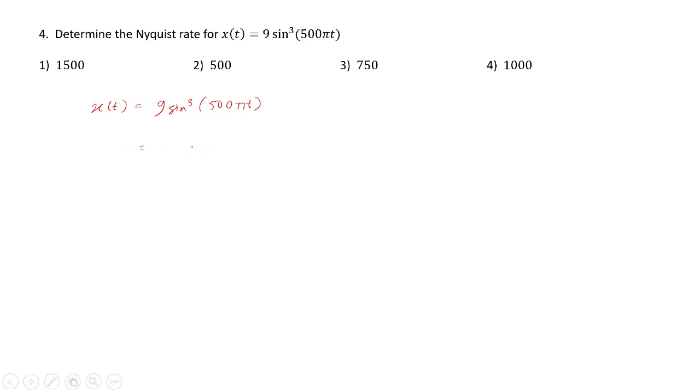So you have to use the trigonometric identity for sine cube. We cannot really find the Nyquist rate that way. We need to write it in terms of sine only.